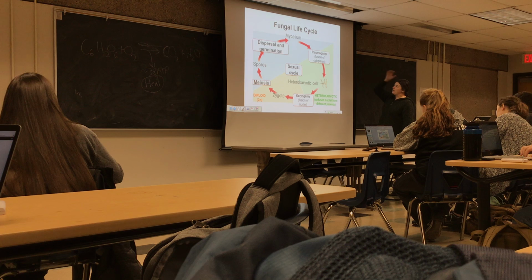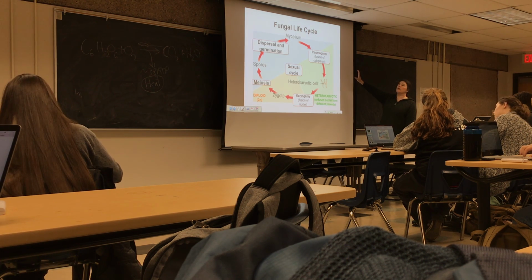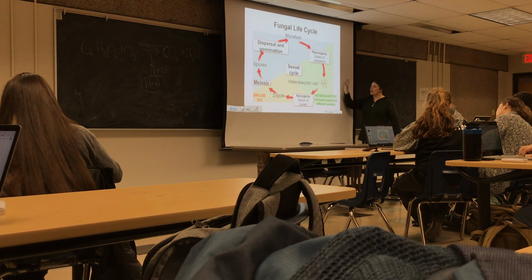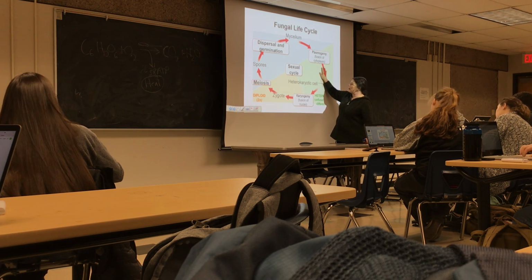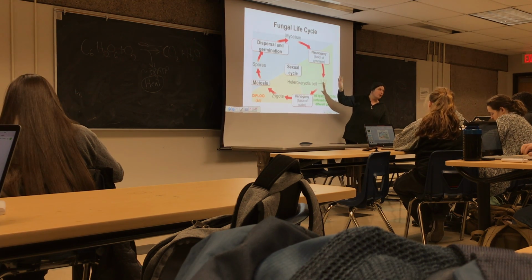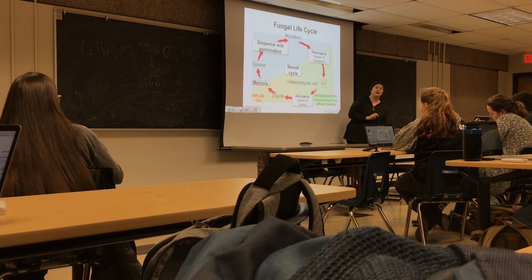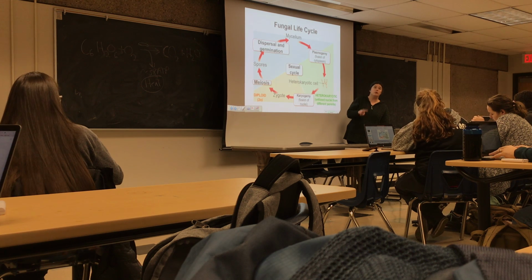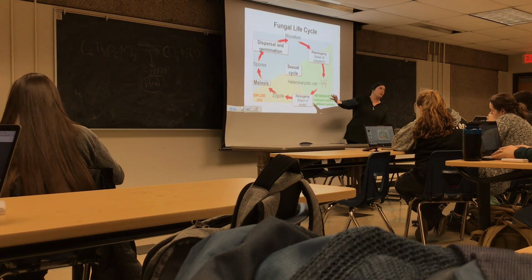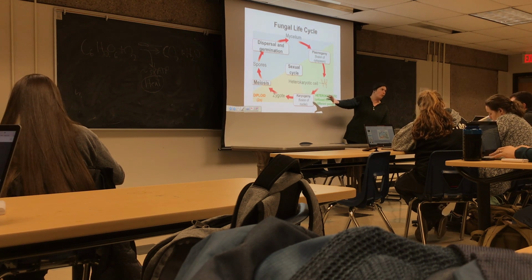These guys actually have a period in which they're what we call heterokaryotic. So what that means is that they do have two copies of each chromosome, but the two copies are contained in two separate nuclei. So they actually have two nuclei, one that has the chromosomes from one parent.